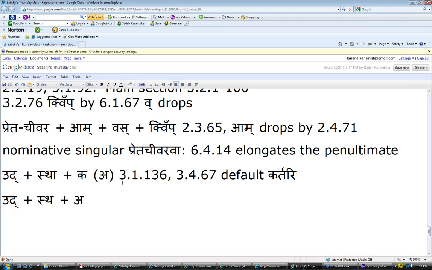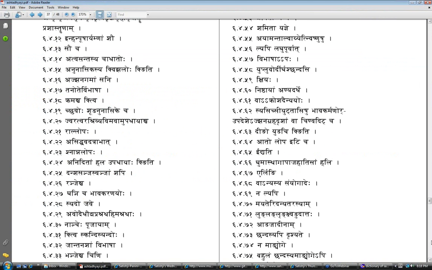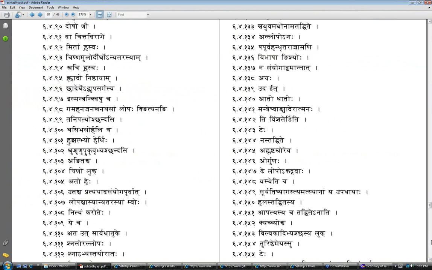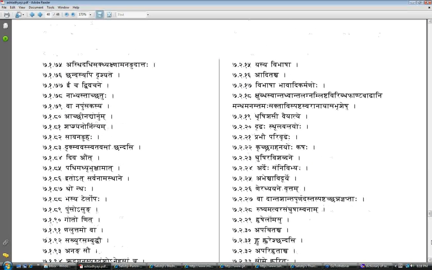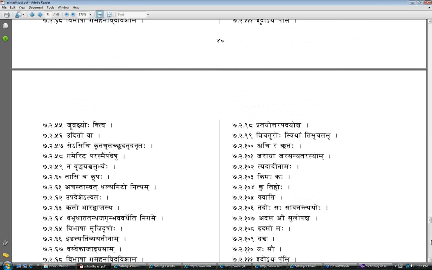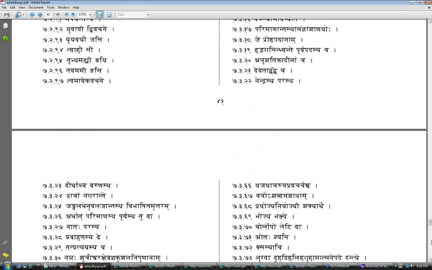So ud stha plus a is what we have. The first thing that will happen is you're going to get the sutram kharicha. In kharicha, the dakara of ud becomes ut. When a jhal is followed by a khar, it gets a char adesha. So now we're going way down to 8.4.55.